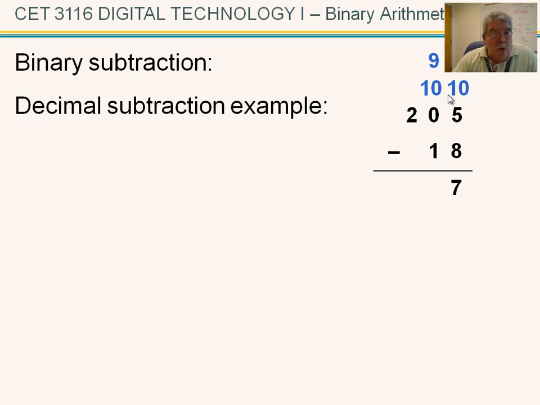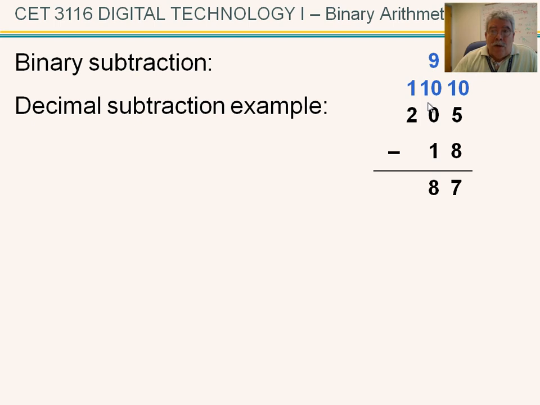From 9, I subtract 1, and this is what I get. And finally, you see that the 2 moved 1 unit to the 0, because the 0 requested that. Now it's left with only 1 unit.